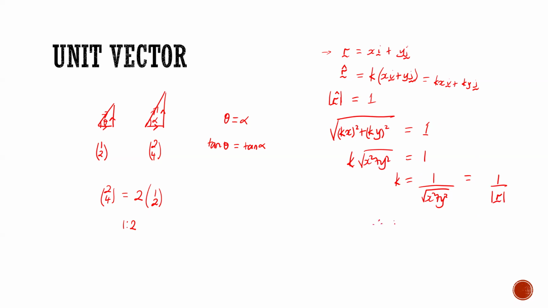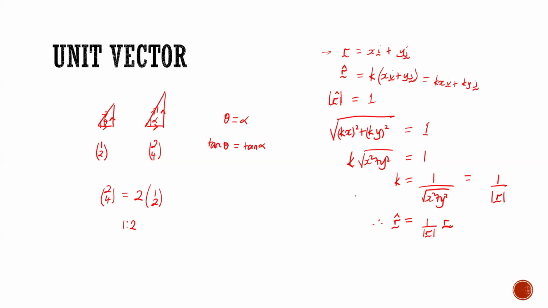And therefore, the unit vector of a vector is simply 1 out of its magnitude times the vector itself. In other words, the factor that you multiply by the unit vector to get that vector is simply the magnitude of the vector that you have.